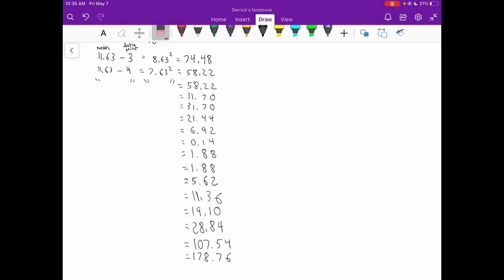Assuming that you were able to get all of these numbers correct, now we have all of our squared differences from our data points, so we want to find the mean of all of these numbers. We want to find the mean of all of these squared differences, meaning we need to add all of these up and then divide by 16 because that's how many points we have here.